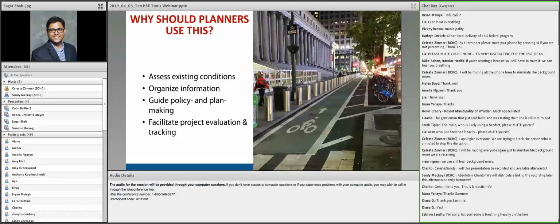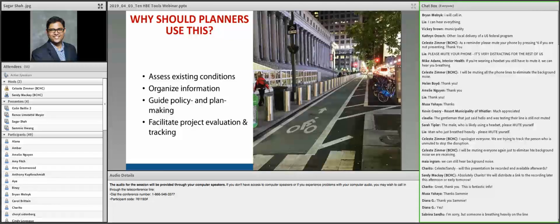Facilitate project evaluation and tracking. We understand that, especially in the United States, we make plans, but we don't evaluate plans. Unlike public health professions, where everything is measured and evaluated.